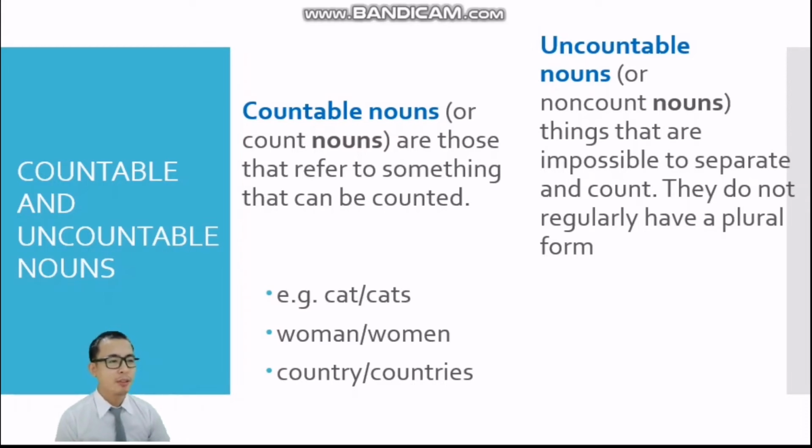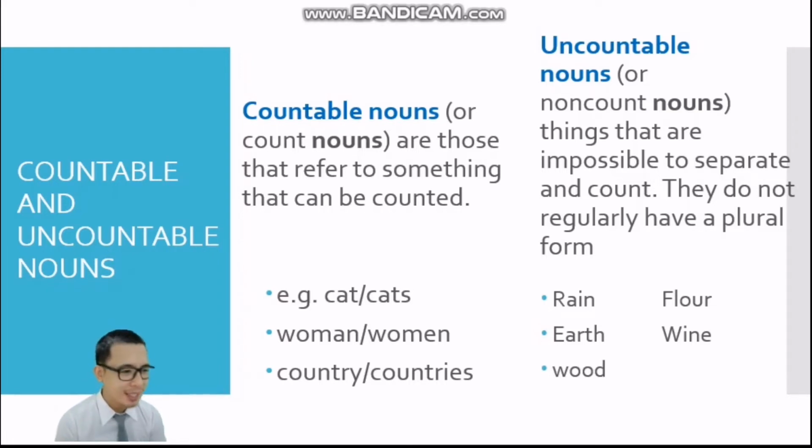Examples of these are rain, earth, wood, flower, wine, simply because you cannot count them. Can you count the rain? Of course not. It is almost impossible. The earth, the woods, the flower, and wine. So whenever you encounter a noun that is impossible to separate and count, that means they are uncountable nouns.